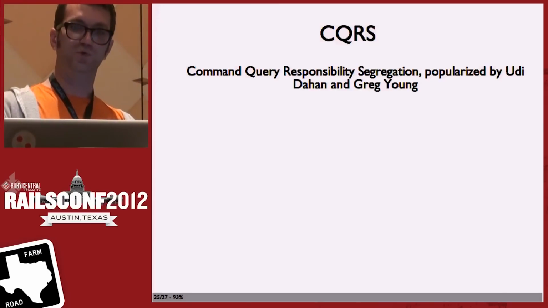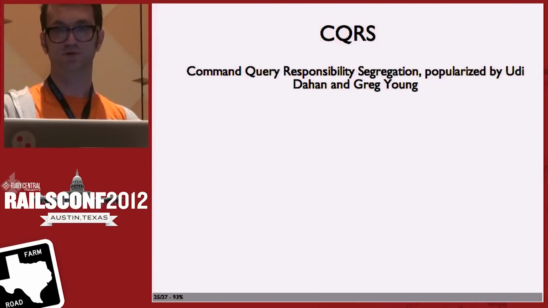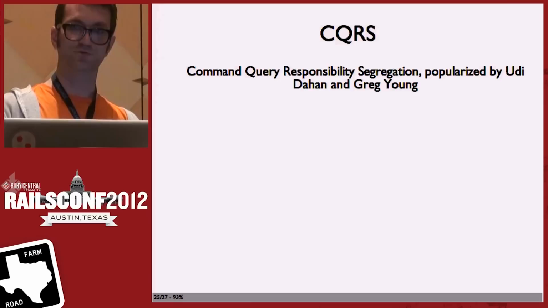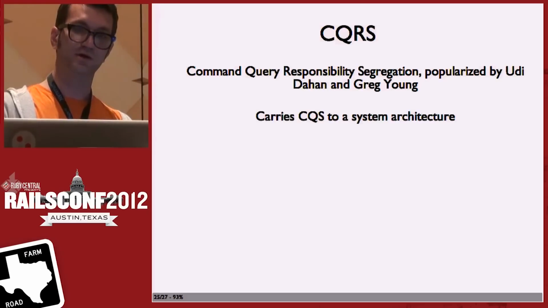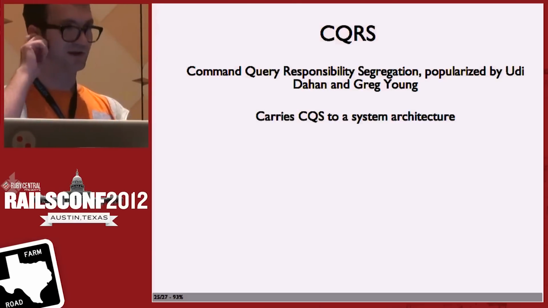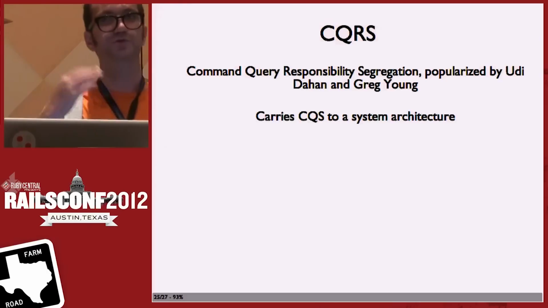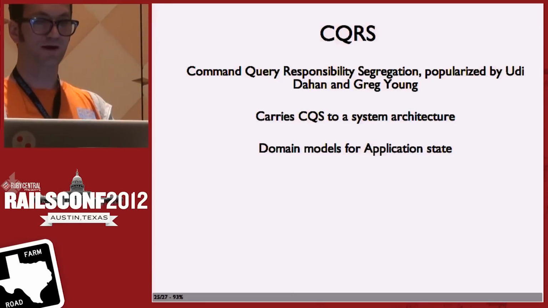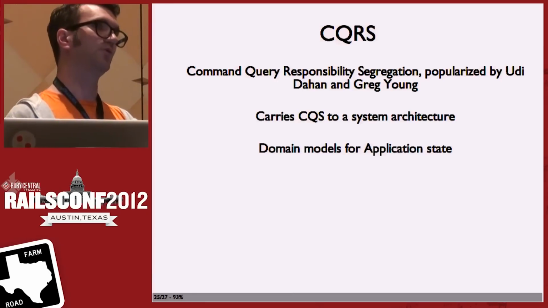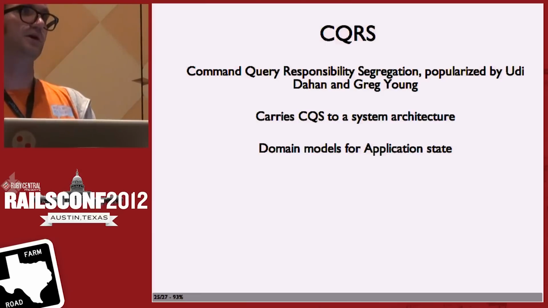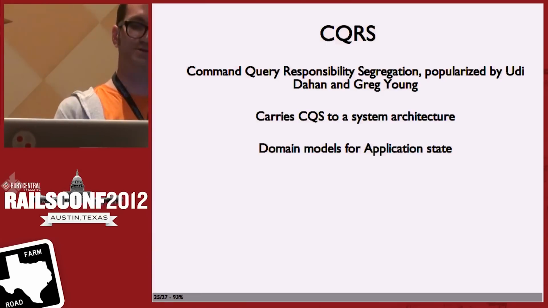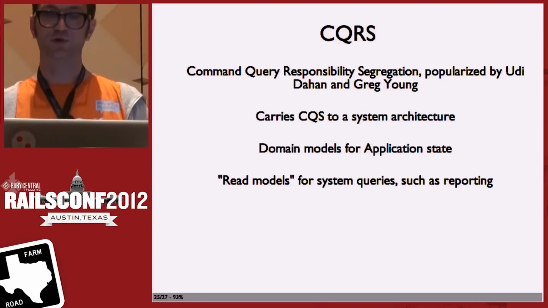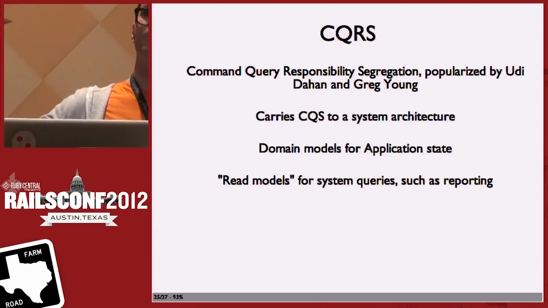CQRS stands for Command Query Responsibility Segregation. There's a couple of guys that are real big in the DDD world, Udi Dahan and Greg Young. And this kind of carries the CQS idea over to a systems architecture area. We use domain models for maintaining application state. This is where the event sourcing fits into things. Then we have another set of models that are the read models.